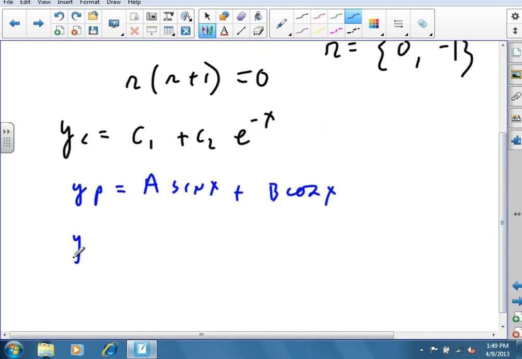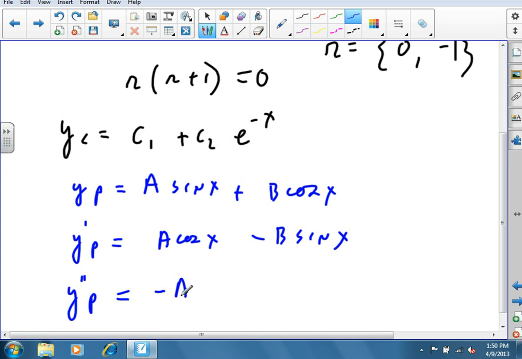And y prime of p is equal to a cosine x minus b sine x. And y double prime of p is minus a sine x minus b cosine x.